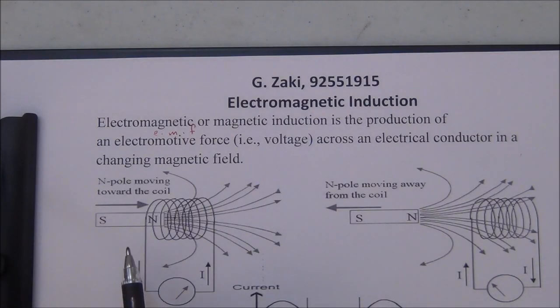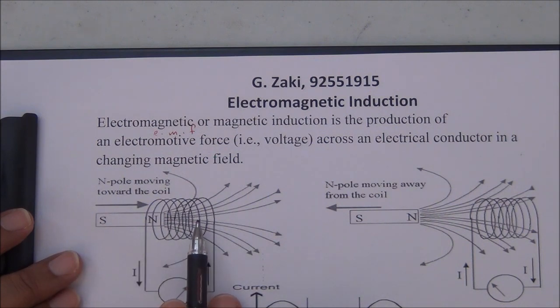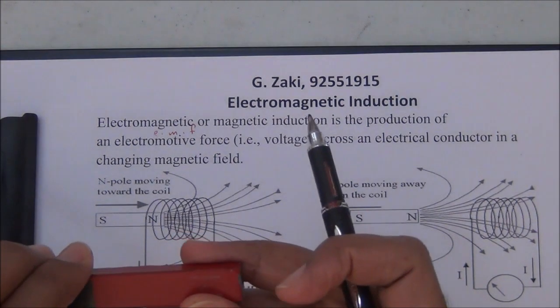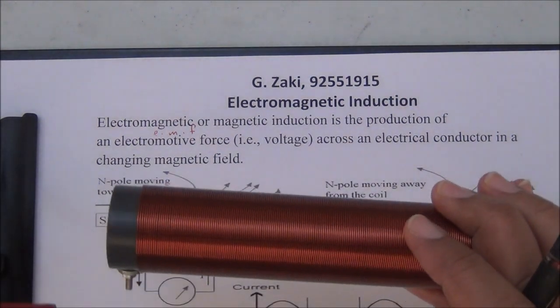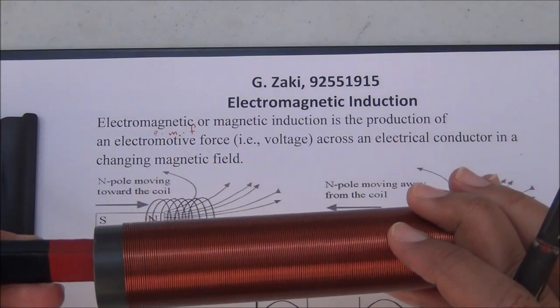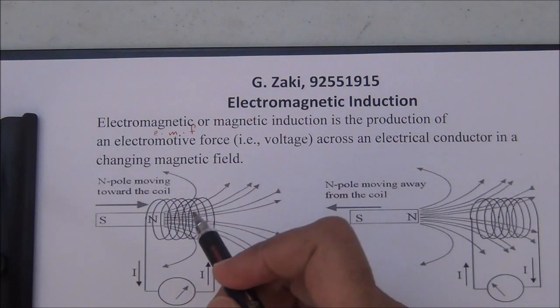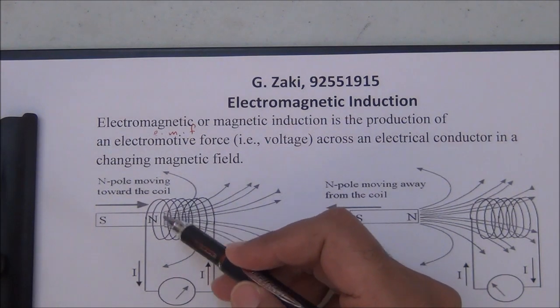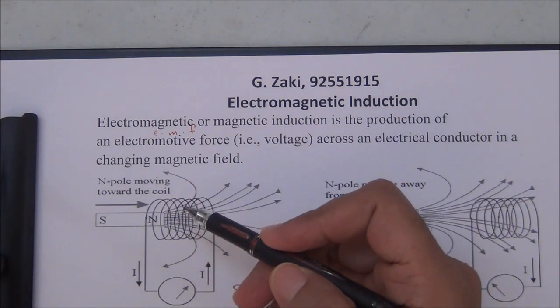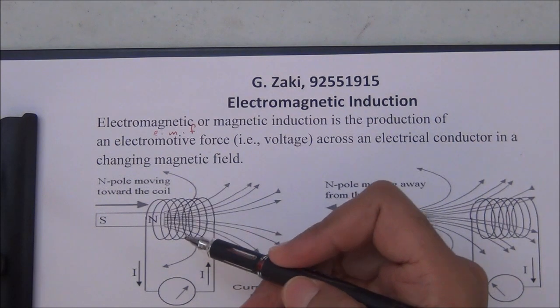When a bar magnet moves toward the coil, with north and south poles, and moves into a solenoid, what will happen? EMF is induced in the coil because we have a change in magnetic flux.